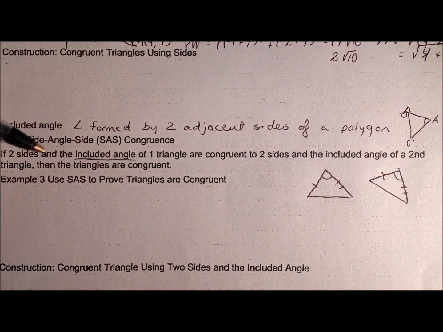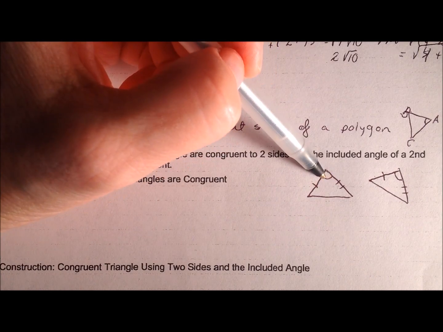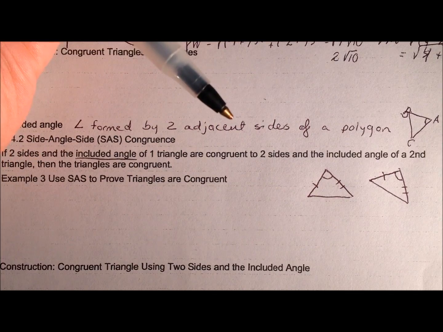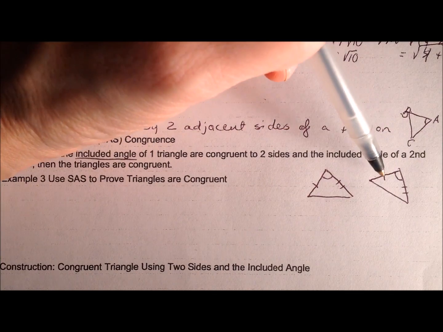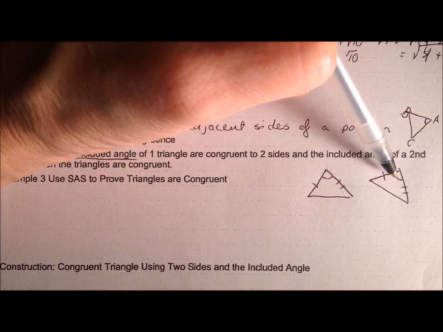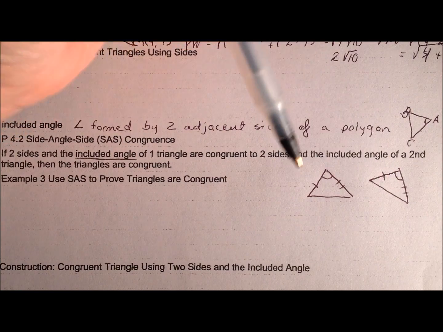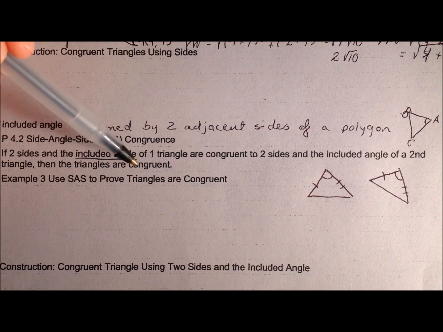We need this vocabulary term for our next postulate, postulate 4.2, which is side angle side, also written SAS. This states that if 2 sides and the included angle of one triangle are congruent to 2 sides and the included angle of a second triangle, then the triangles are congruent.